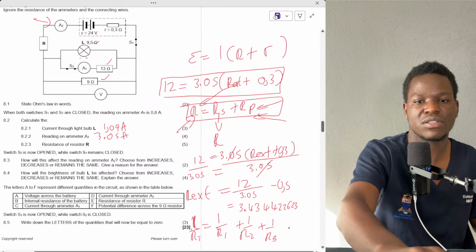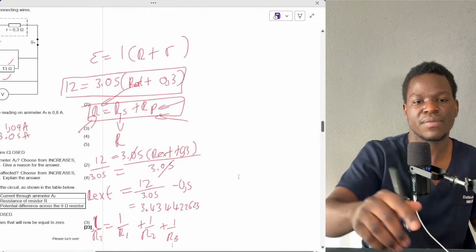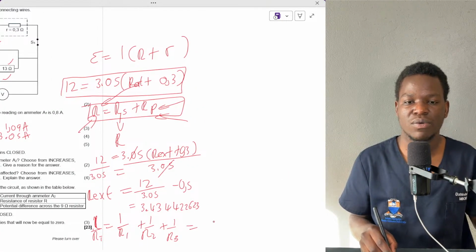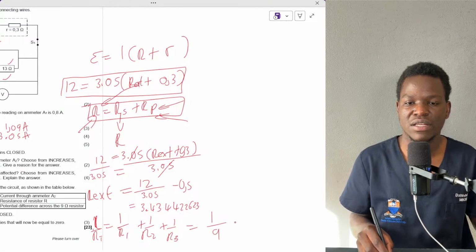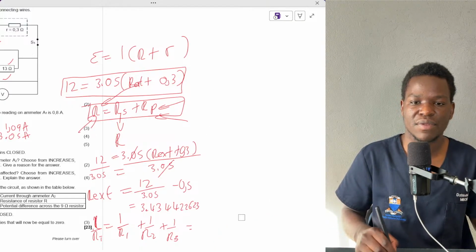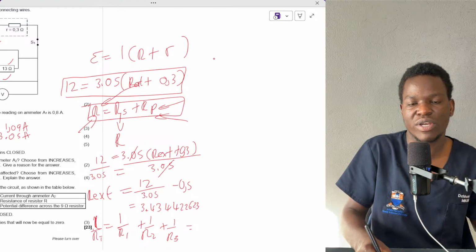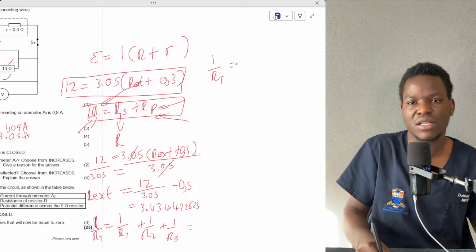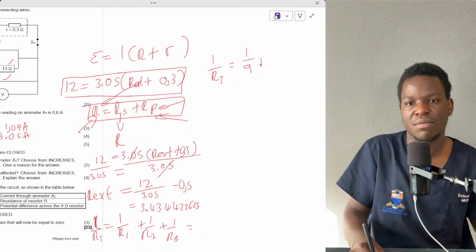Then we solve here, and the one on the top was 9. Let me start up there, because I have to equate 1 over R total equals 1 over 9 plus 1 over 9.5.